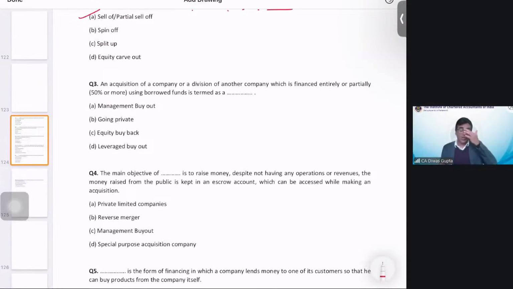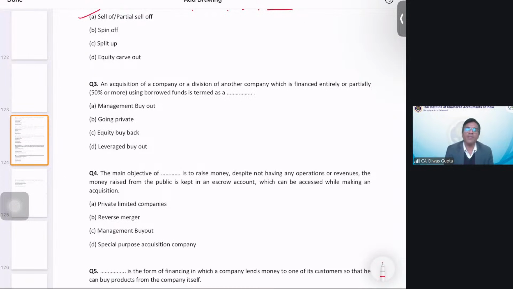An acquisition of a company or a division of another company which is financed entirely or partially, 50% or more, using borrowed funds is termed as, this we discussed, right? Is it a management buyout, going private, equity buyback, or leveraged buyout?